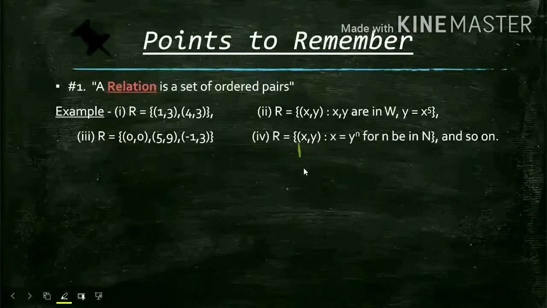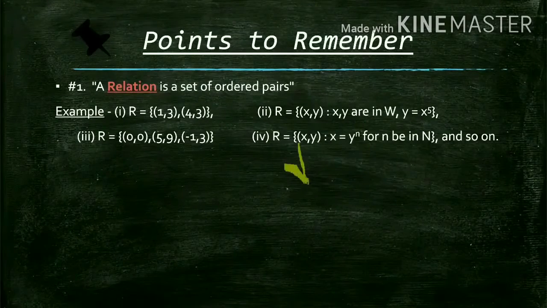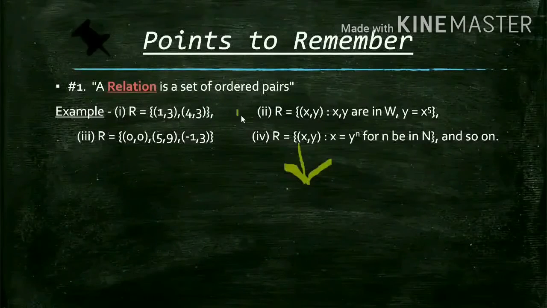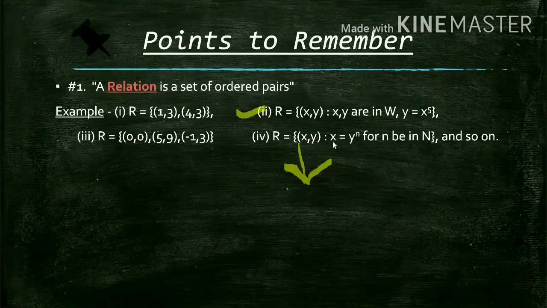Okay, now look at this example. This example is basically a generalized version of the second example. Here, x and y are ordered pairs only. Now, x is related as x equals y to the power n, for n in N. This capital N means the natural numbers.